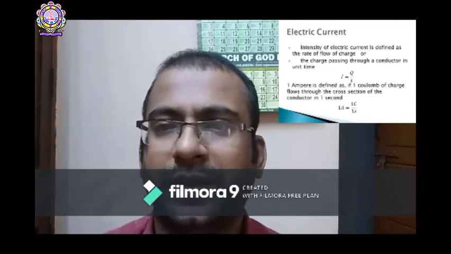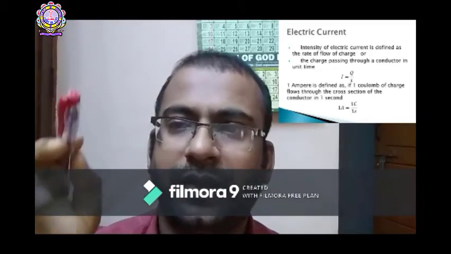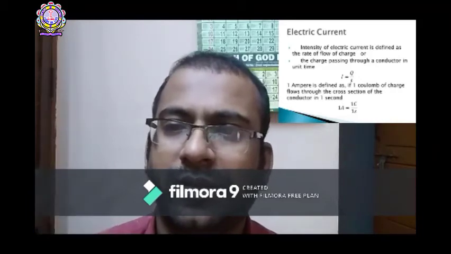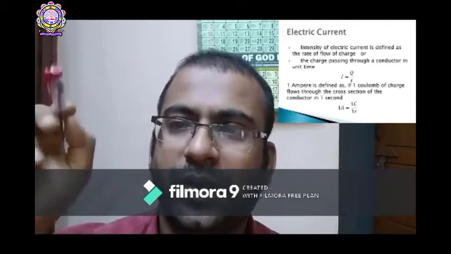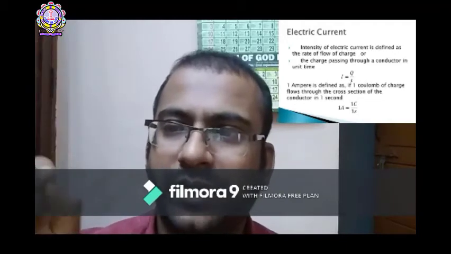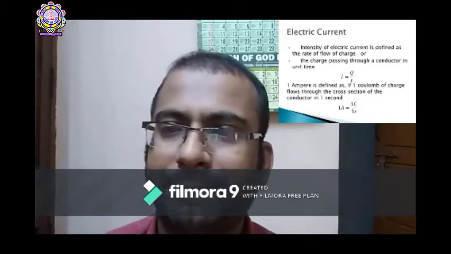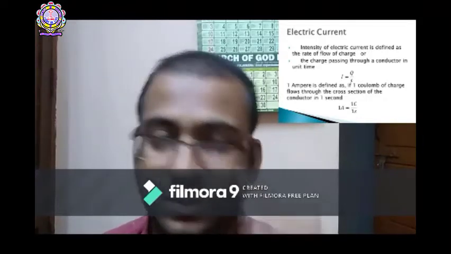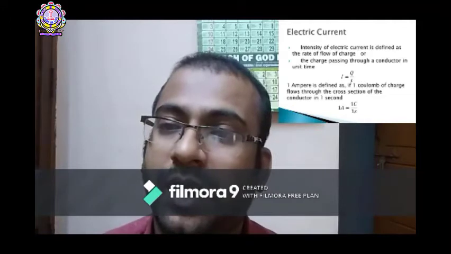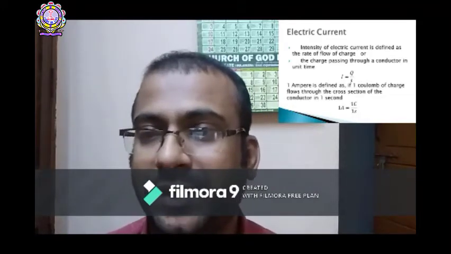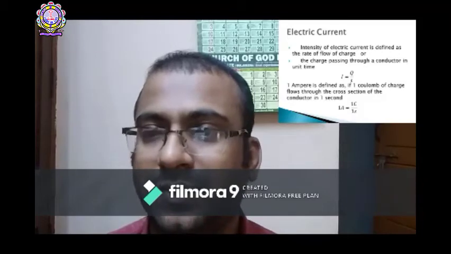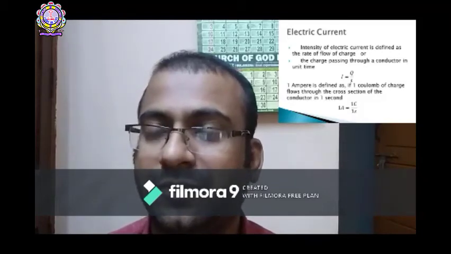We can define ampere like this: 1 ampere is equal to 1 coulomb by 1 second. How can we say that? Because we know that I is equal to Q by T. The unit of I is A, ampere, the unit of charge is coulomb, and the unit of time is second.